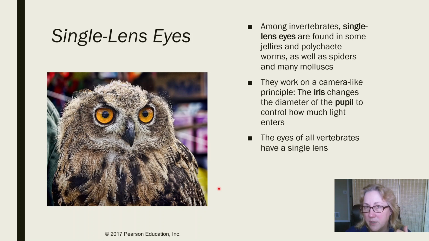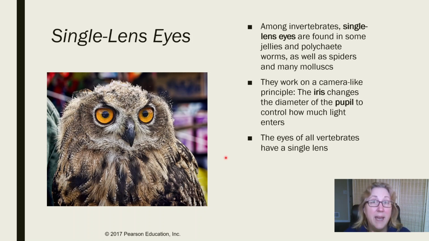So that would be the iris. That's the colored part of the eye that we can see on our eyes and also on this owl. The iris is muscular, and so it can open to allow more light in and close to allow less light in. The pupil is that opening in the iris.